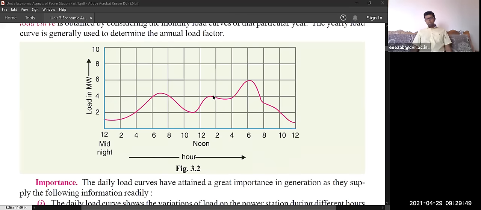After 2 o'clock, there is a small dip in the load. And again after 4 o'clock, there is a peak, around 4:30, 5 o'clock, because majority of the people will come back to their homes.